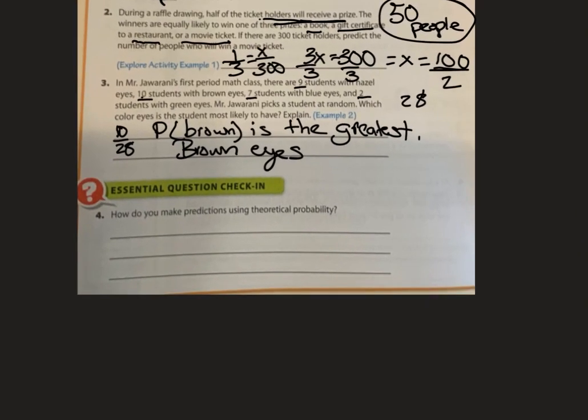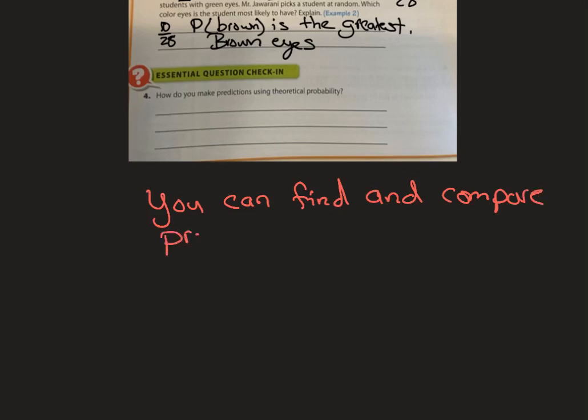The next one says, how do you make predictions using theoretical probability? I'm going to write down below. Okay. So you can find and compare probabilities. So I can find them and compare them, right? Or I can also predict them, okay?